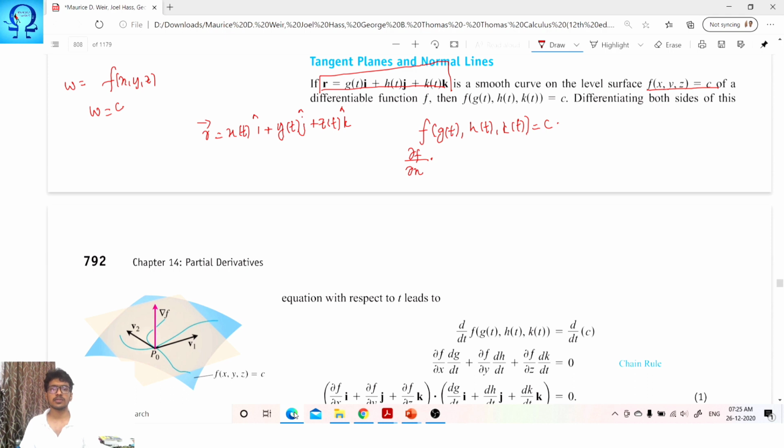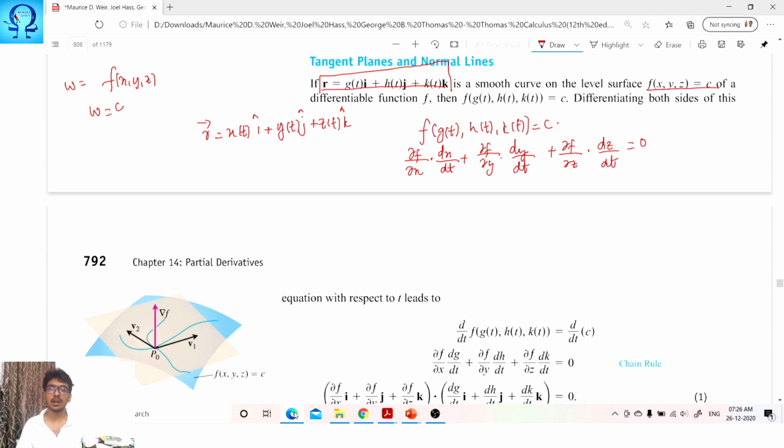So you get del f upon del x times dx upon dt, plus del f upon del y times dy upon dt, plus del f upon del z times dz upon dt, equated to 0, since we have the constant on the right hand side.